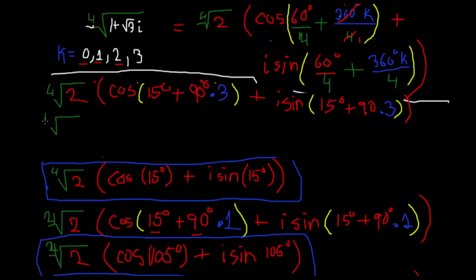It's all the same thing. Cosine of 285 degrees plus I sine of 285 degrees.